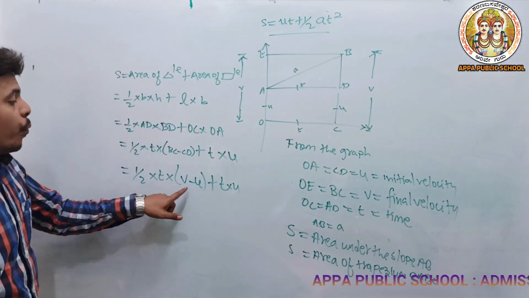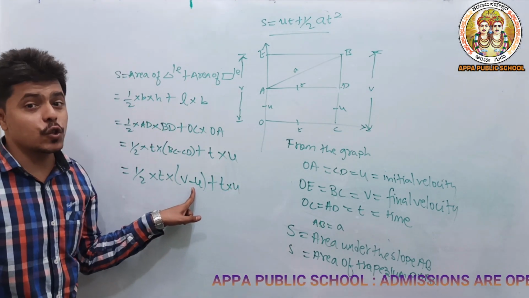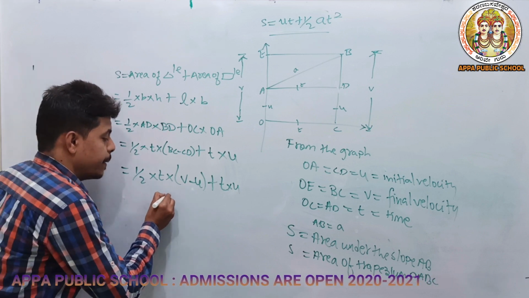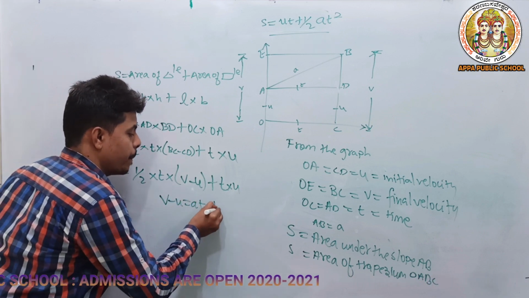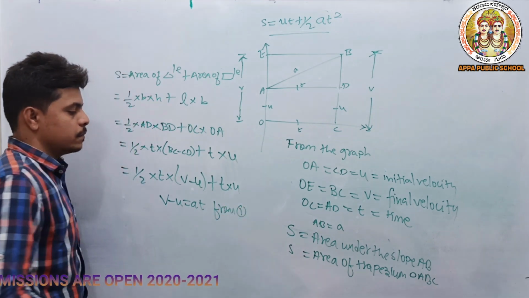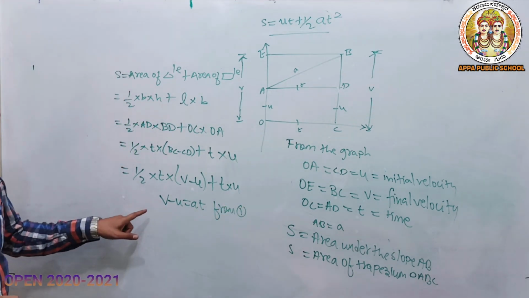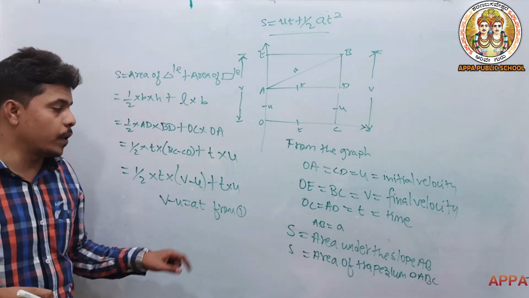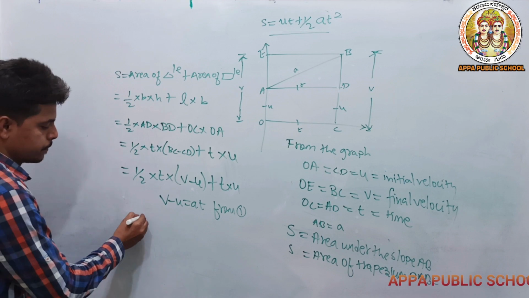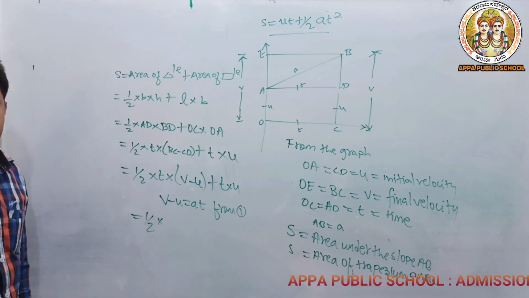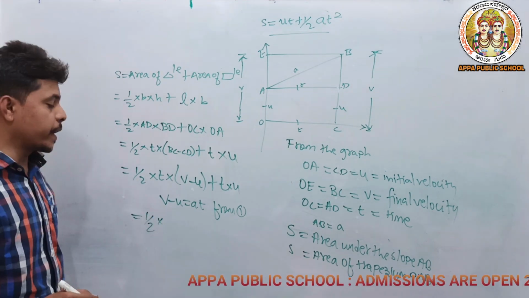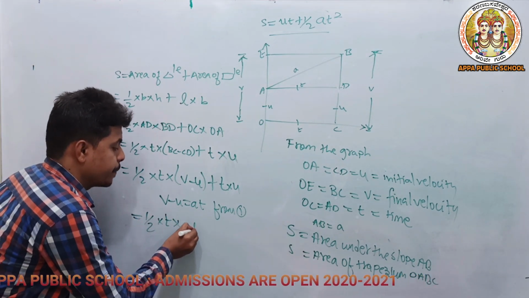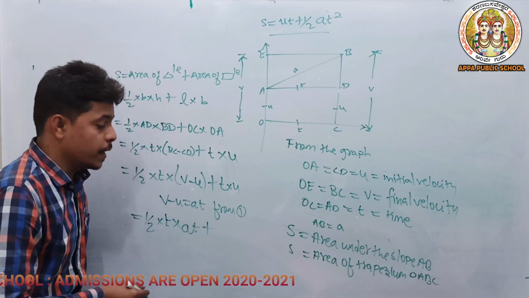Now we know that V minus U is equal to AT from the first derivation. So half into T into AT plus UT.